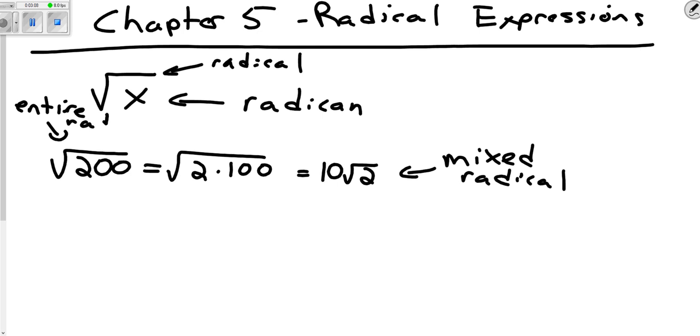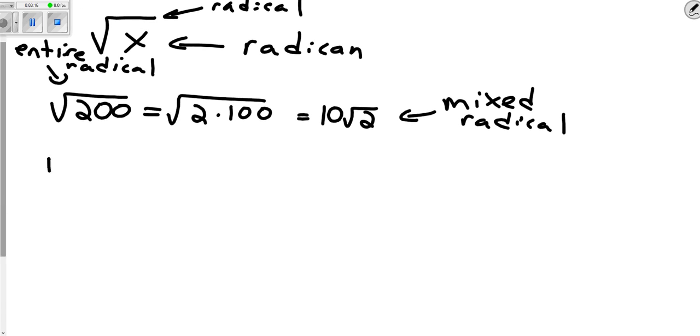Any other factors of 200? Another way you could have done it, you know 200 is also 10 times 20. Do you know the square root of any of those numbers? No, so that's no good. But you do know it's also 50 times 4. You know the square root of 4, right?